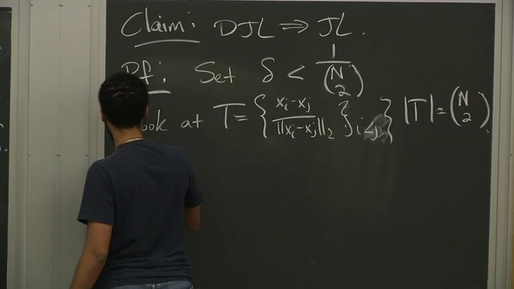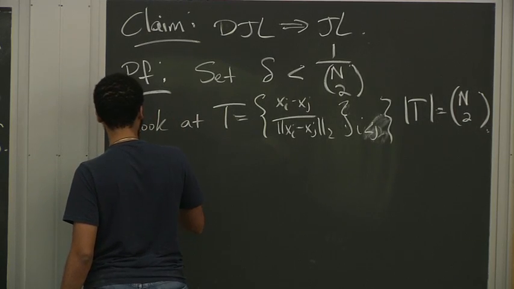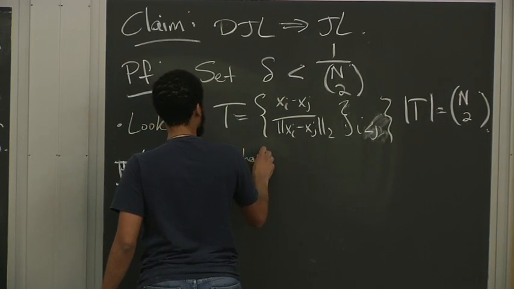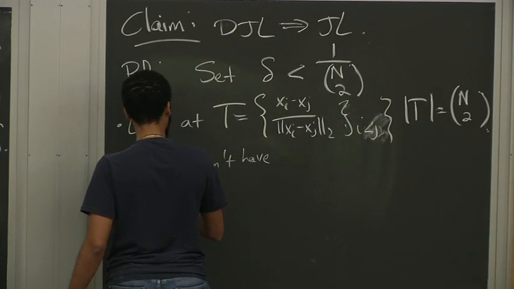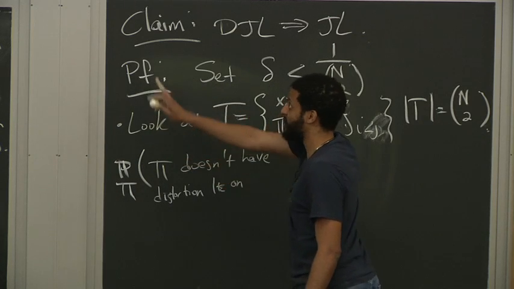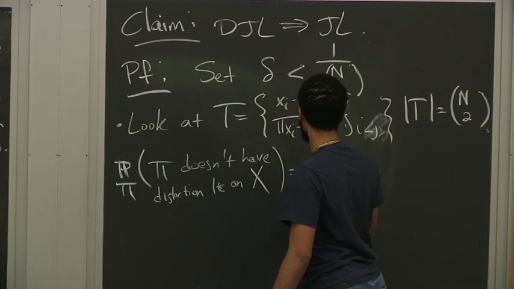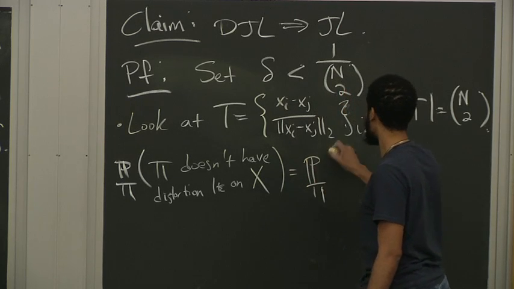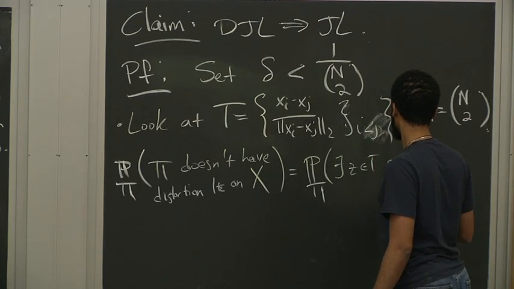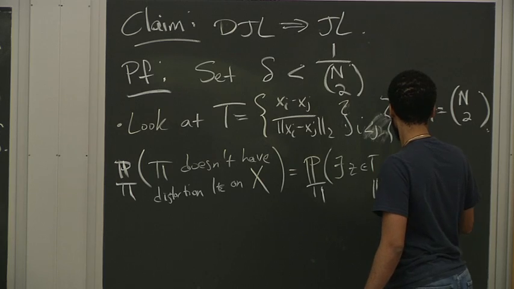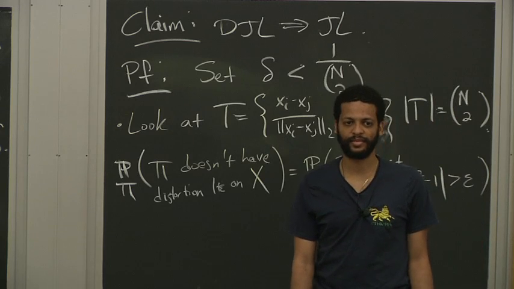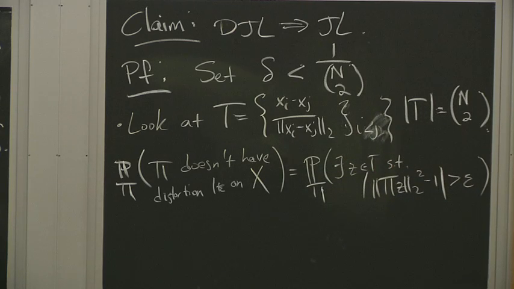So the probability over pi that pi doesn't have distortion 1 plus epsilon on that set of vectors x is the same thing as the probability over pi that there exists a z in T such that the absolute value of pi z L2 norm squared minus 1 is bigger than epsilon. That there is something in T that it didn't preserve.